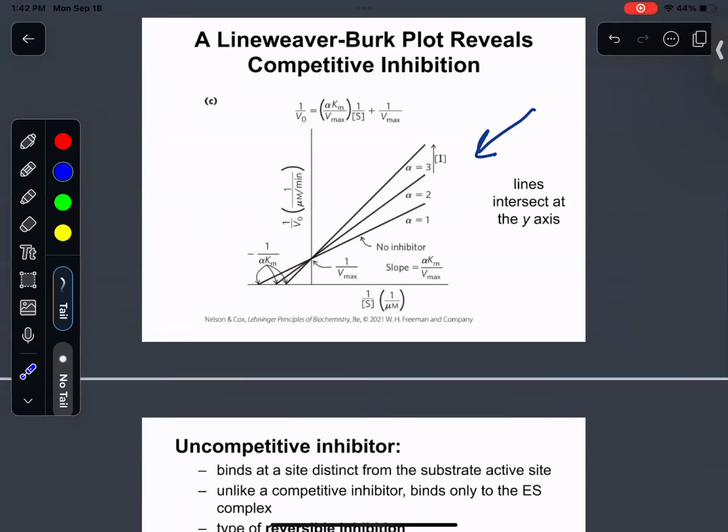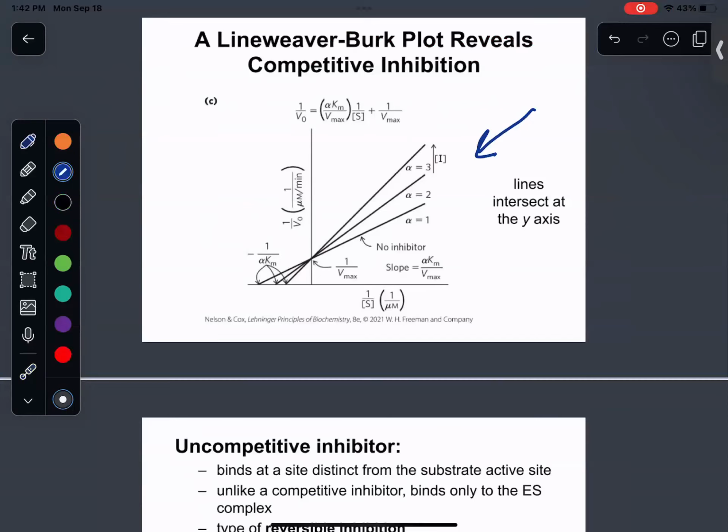So let's see what we're looking at using these 2 points. Let's start with the y-intercept. We're going to see that these 3 lines are all intersecting at the same point.